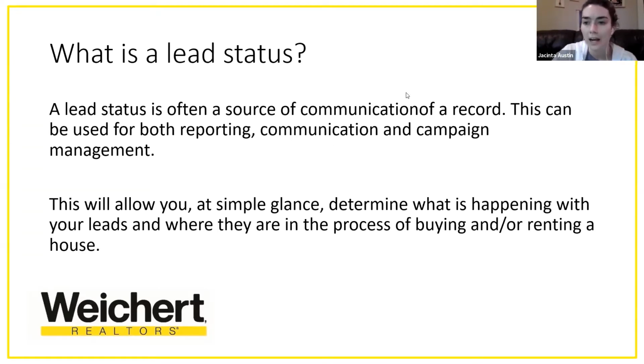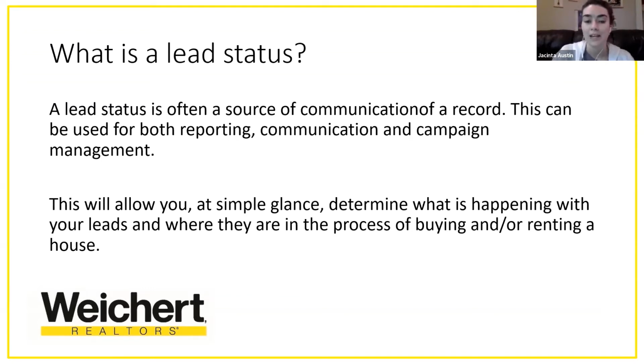So let me just make you guys smaller. There we go. So what is a lead status? A lead status is often a source of communication of a record. This can be used for reporting, communication, and campaign management.